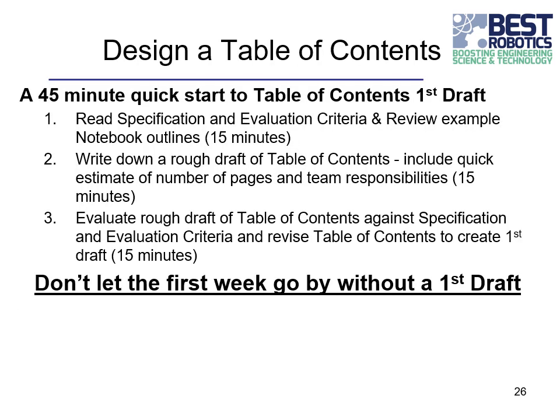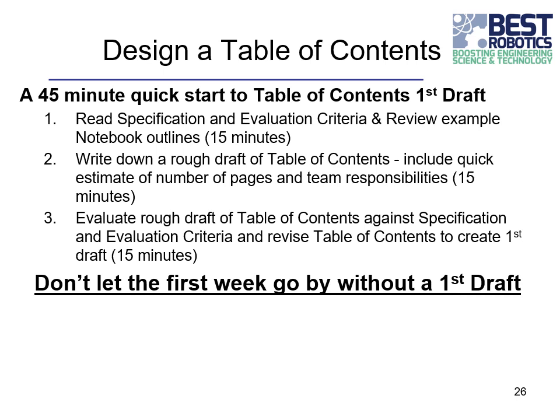So I suggest you quickly, after reviewing this training, come up with 45 minutes to do a quick start to come up with a table of contents. Each one of the 3 items here is 15 minutes, so going back and looking at those specification and evaluation we looked at, come up with a rough draft, include on each one of those maybe the number of pages you're going to have, and talk about who on the team is responsible for those sections.